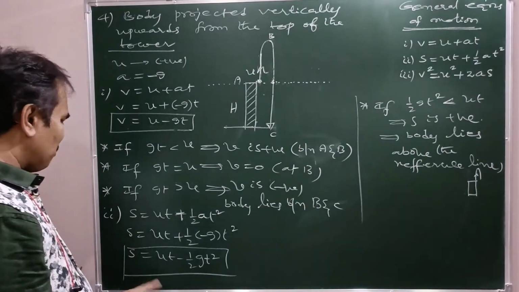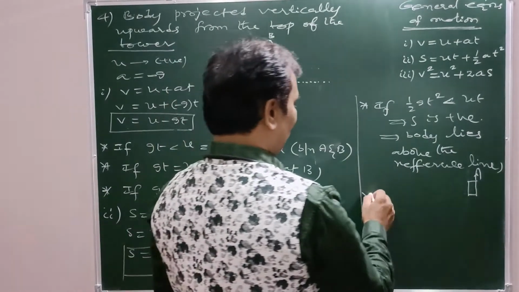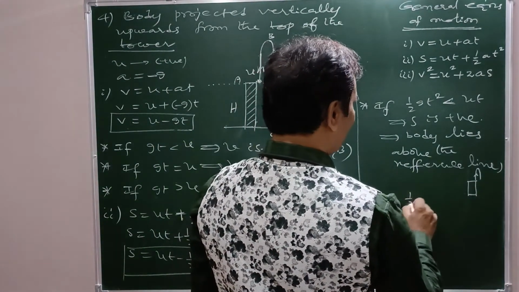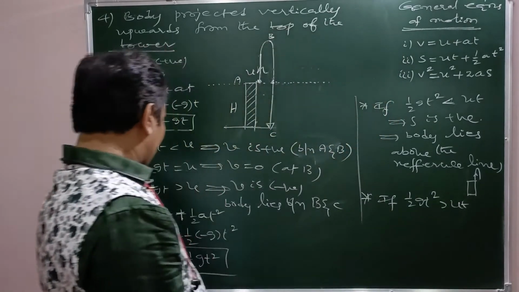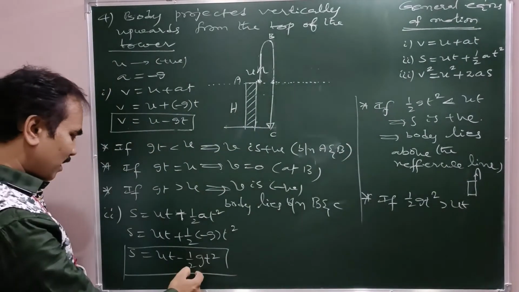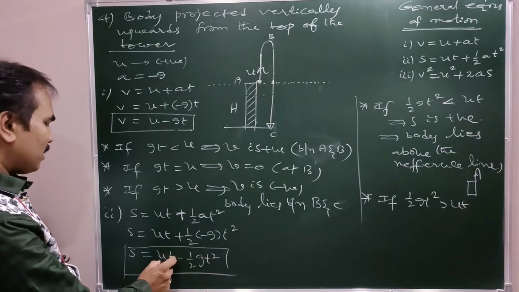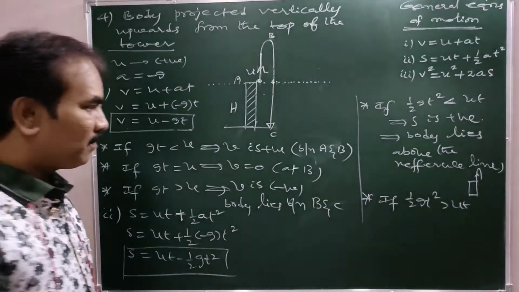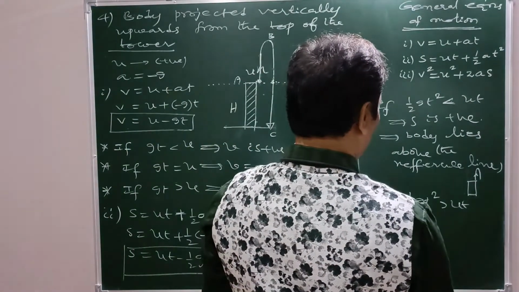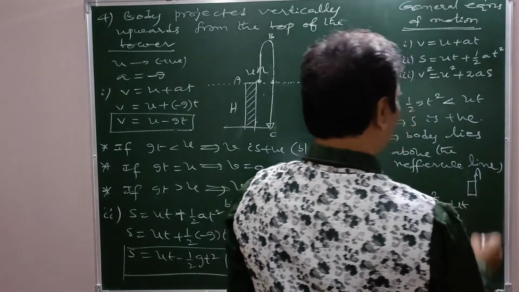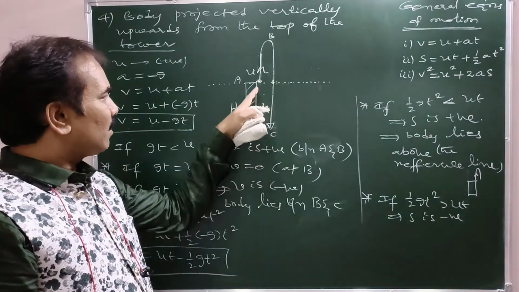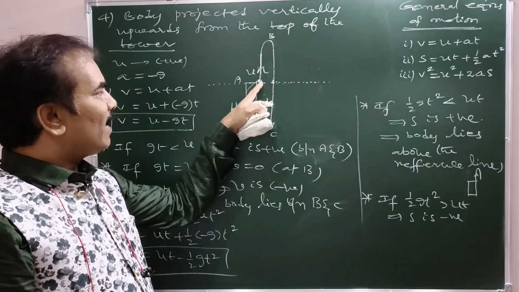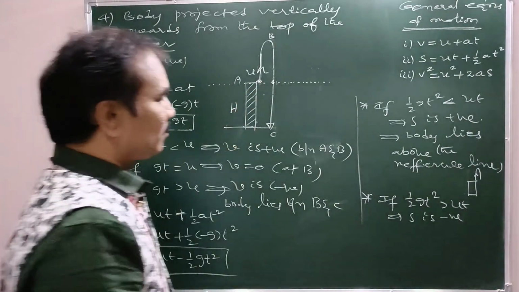If half gt square is greater than ut, see, the second term, the negative term, is greater than the positive term. Then s becomes negative. Implies s is negative. S negative in the sense the body lies between the reference point and the ground.